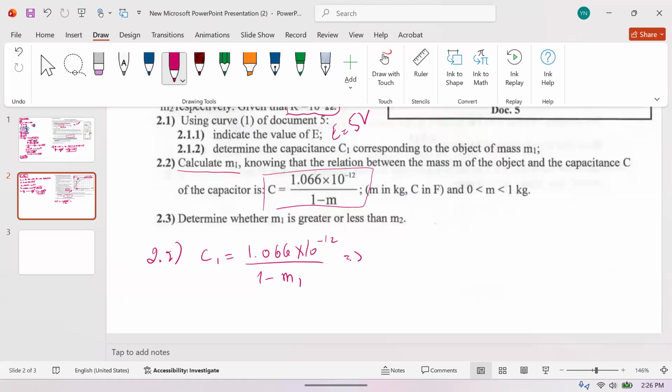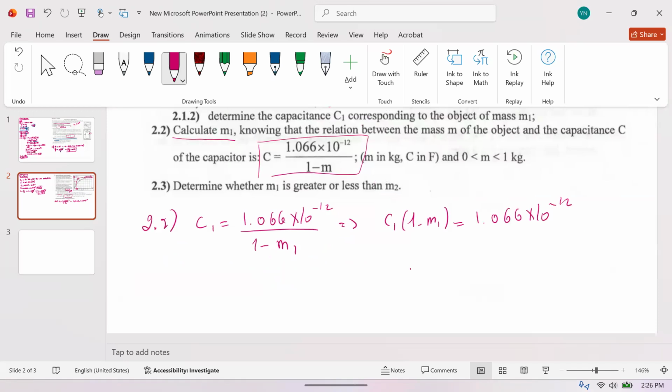Preferably, you can cross multiply and find the expression of M1 before replacing C by its value. So C1 times 1 minus M1 equals 1.066 times 10 to the power minus 12. Now we take C1 to the other side, it is multiplied, so it will be divided on the other side, which is 1.066 times 10 to the power minus 12 over C1. And then we can take 1 to the other side, plus 1, it will be minus 1.